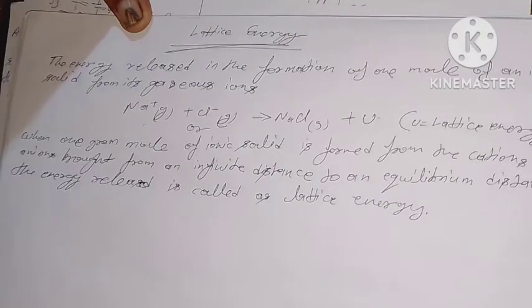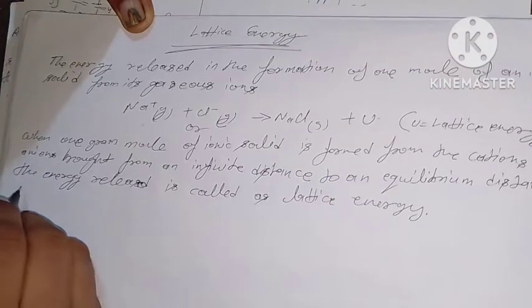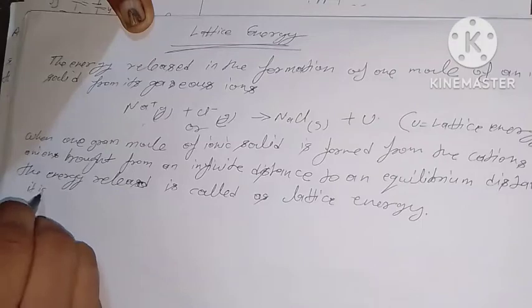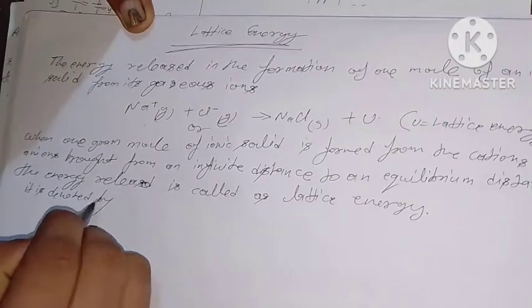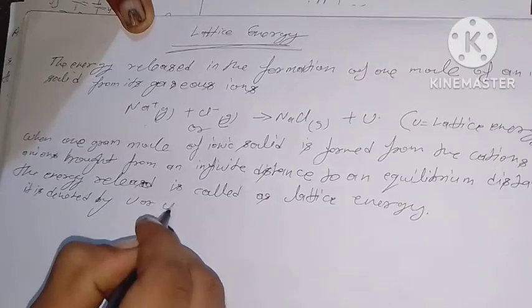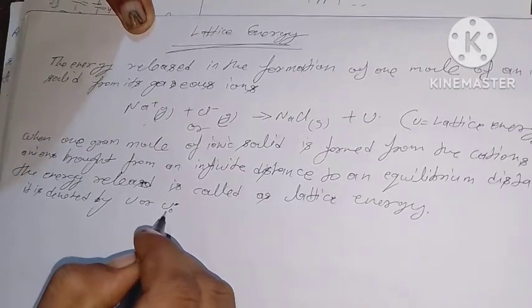When 1 gram mole of ionic solid is formed from the cations and anions brought from an infinite distance to an equilibrium distance, the energy released is called the lattice energy. It is denoted by U or U naught.